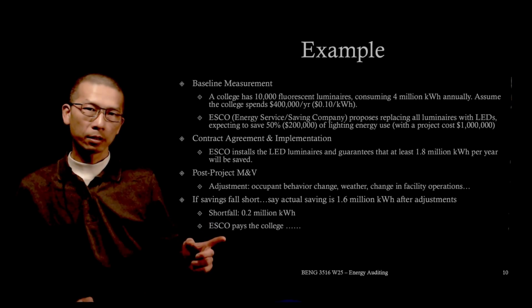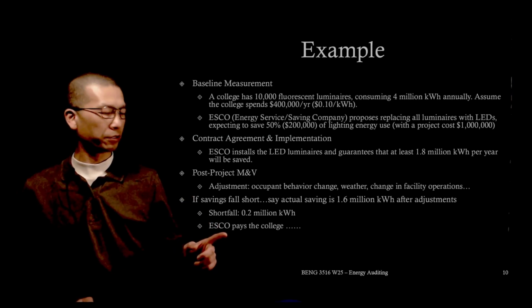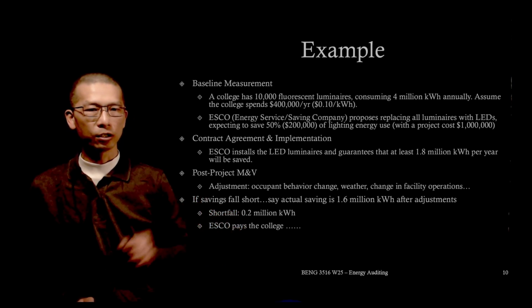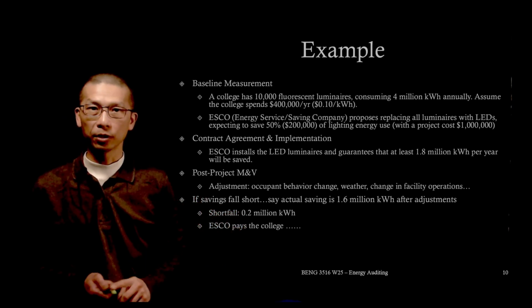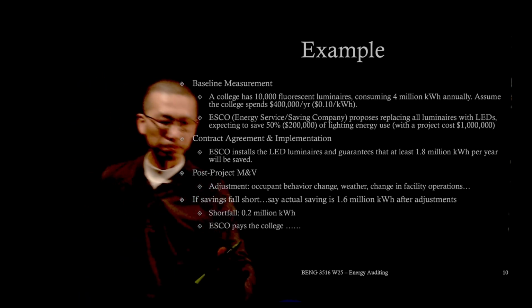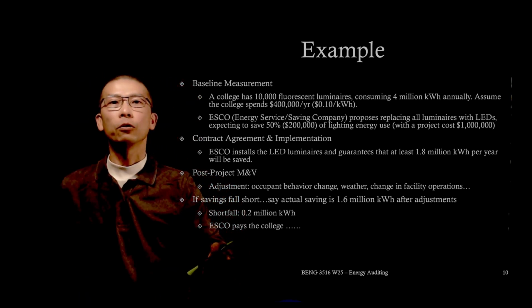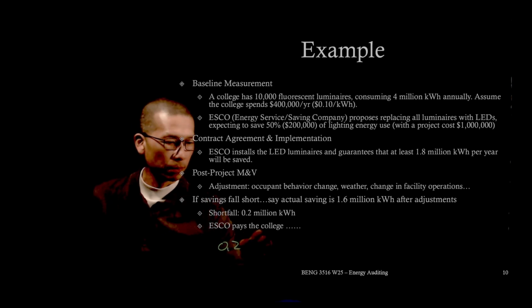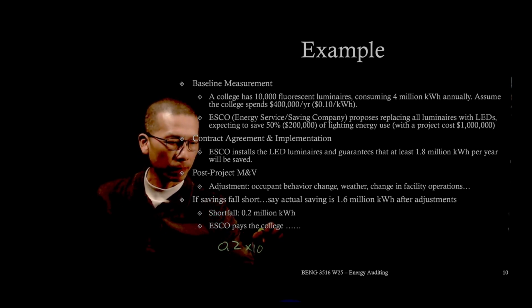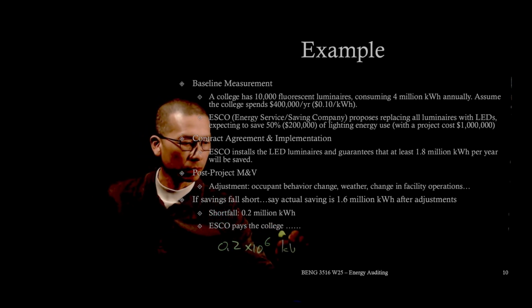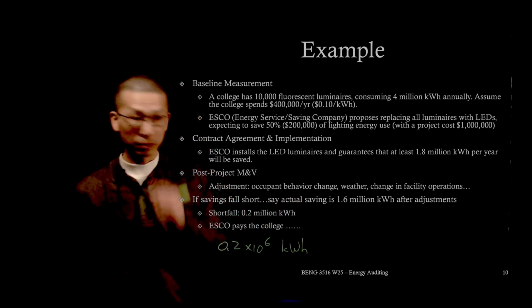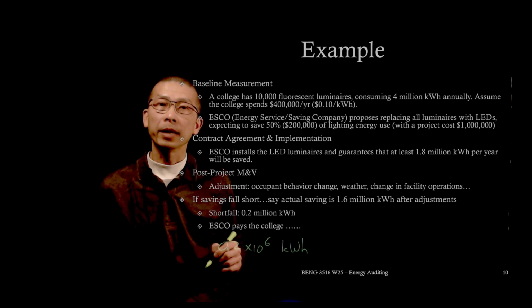So how much does the project provider pay the college due to the shortfall here? Let's do a quick calculation. 0.2 million kilowatt hours. How much does the provider have to pay?